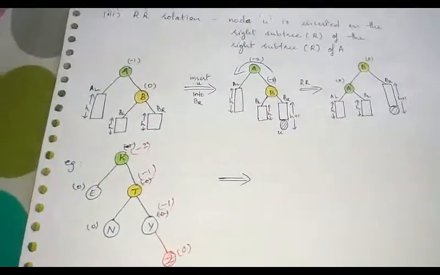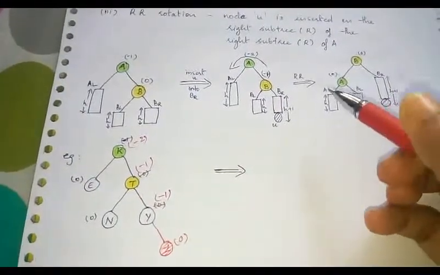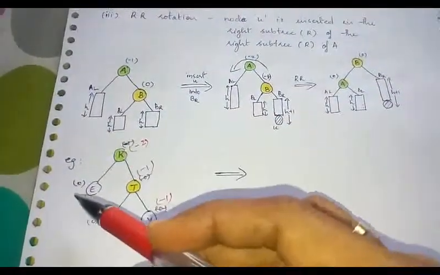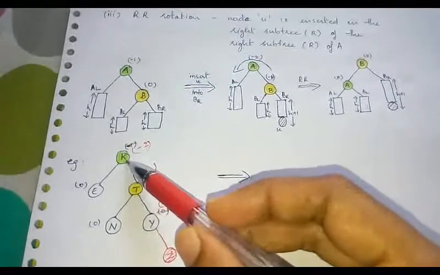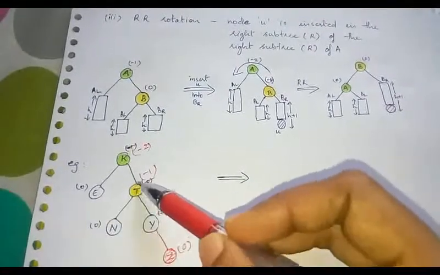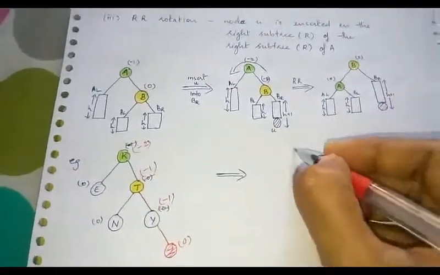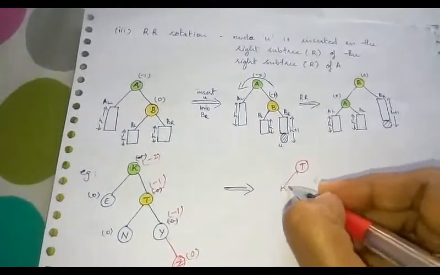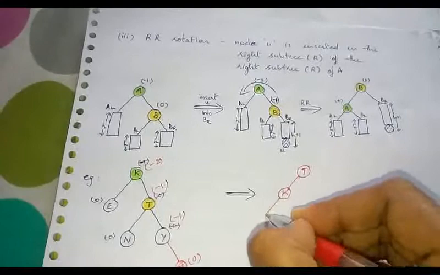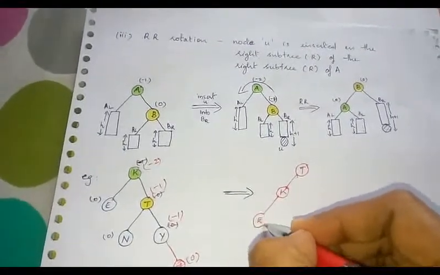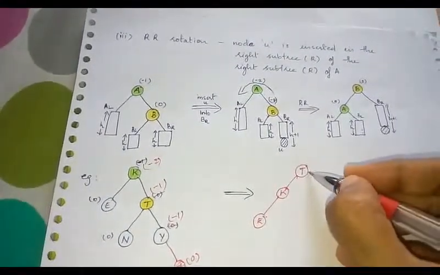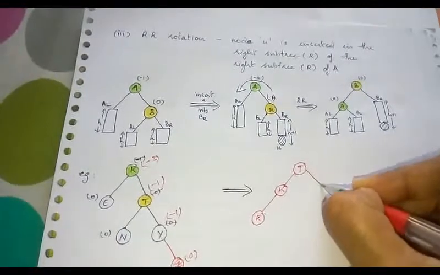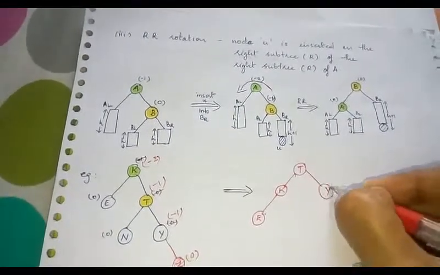So RR rotation is performed by rotating to the left side. That is, the K will move to the left and T will take its place, right? So the root now becomes T. To the left, this K will go along with its subtree. Now when T goes up, the right side of T also goes along with it.